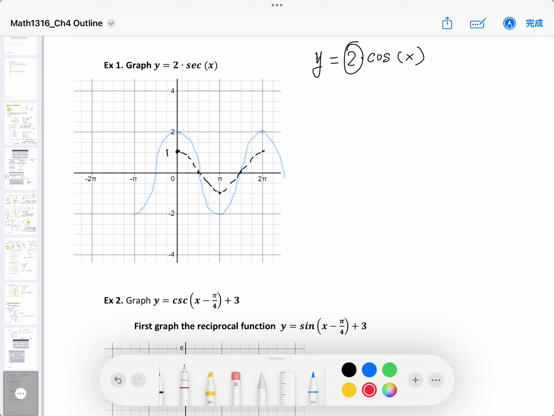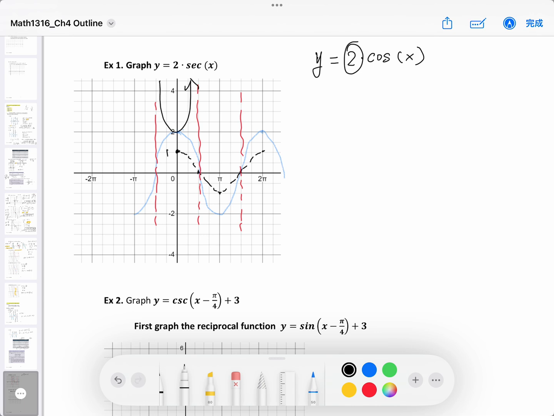So let's draw the vertical asymptotes, and then we can do the bump to bump. We can use a different color. Which color is best? Let's use blue. No blue, let's use this color.